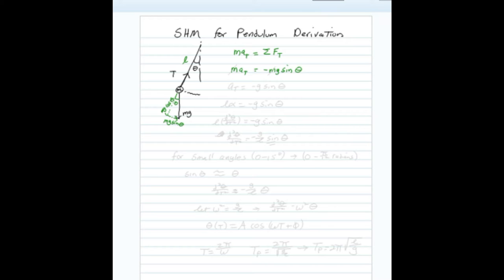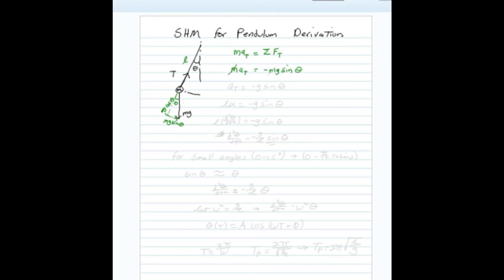The reason for that is, if we start from center, we're rotating in a clockwise way to go from the equilibrium position to where the object is now. But the acceleration is opposite that. So the acceleration is in a counterclockwise way. It's the opposite direction, which is why the minus sign.